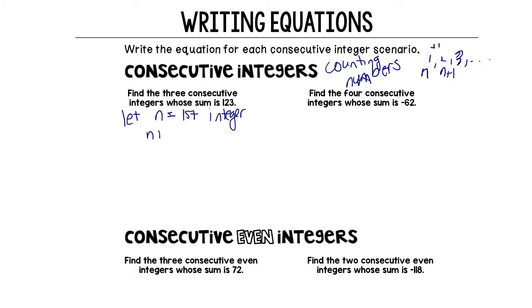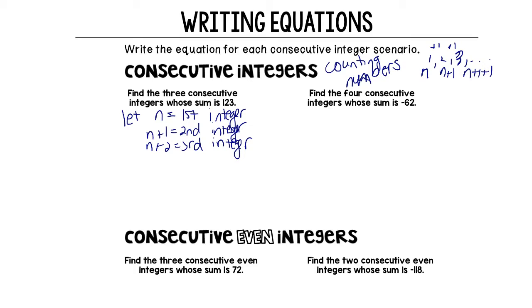So n plus 1 is the second integer. And then we add 1 again. So 3 is n plus 1 plus 1, or n plus 2, is the third integer.